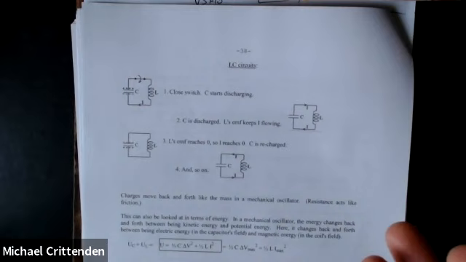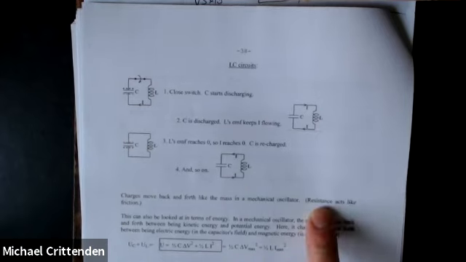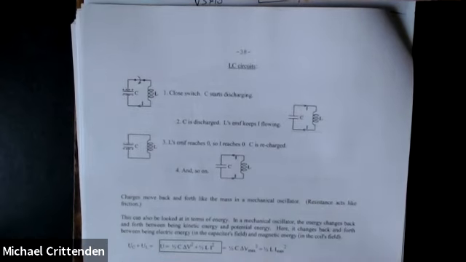If you add friction, then you have damped harmonic motion where the amplitude tapers off with time. And that's very much like what would happen here. Resistance is to the electrical system what friction would be to the mechanical system.